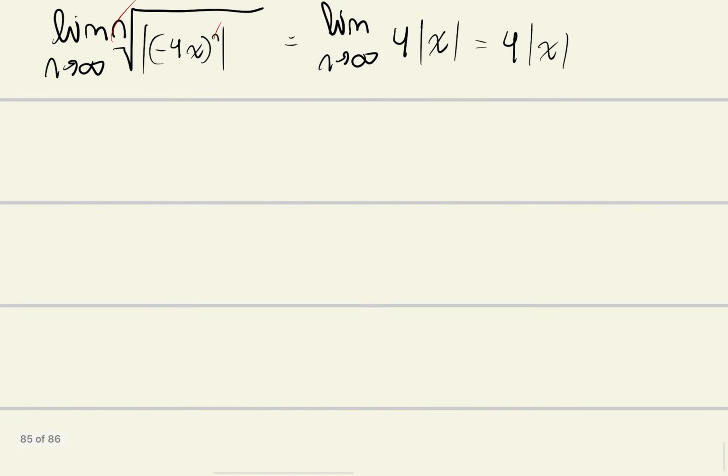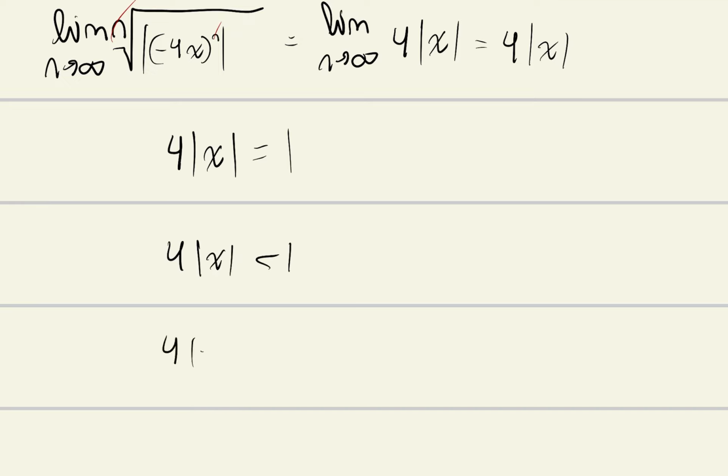Now, we need to find out what happens when 4 times the absolute value of x is equal to 1, less than 1, and greater than 1.